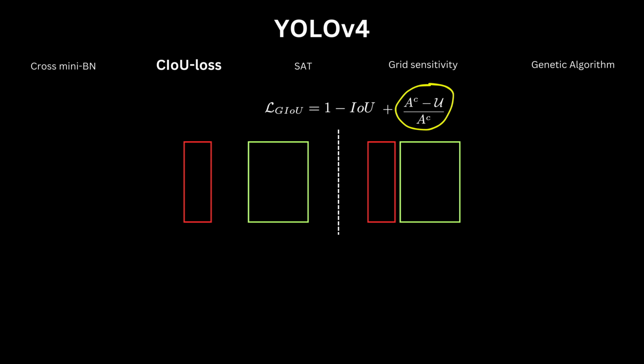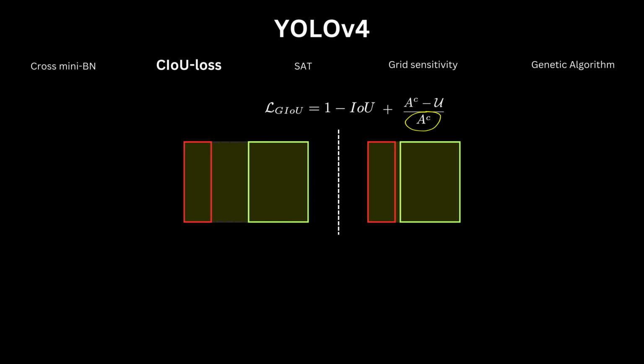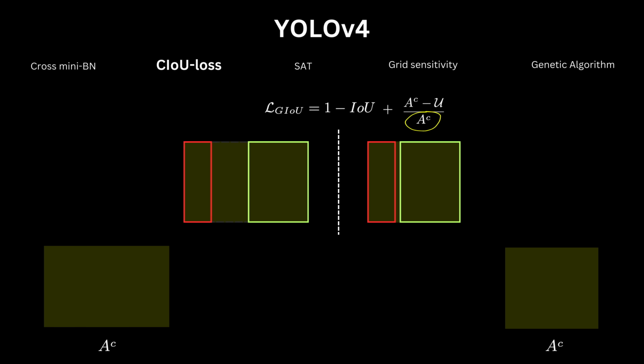The generalized IOU loss can be applied to different types of geometric shapes, but let's limit our discussion to 2D boxes. The denominator here refers to the area of the smallest box enclosing both the boxes, which means for both these examples, it would be this area shaded in green. The numerator is this area excluding the union of both the boxes.